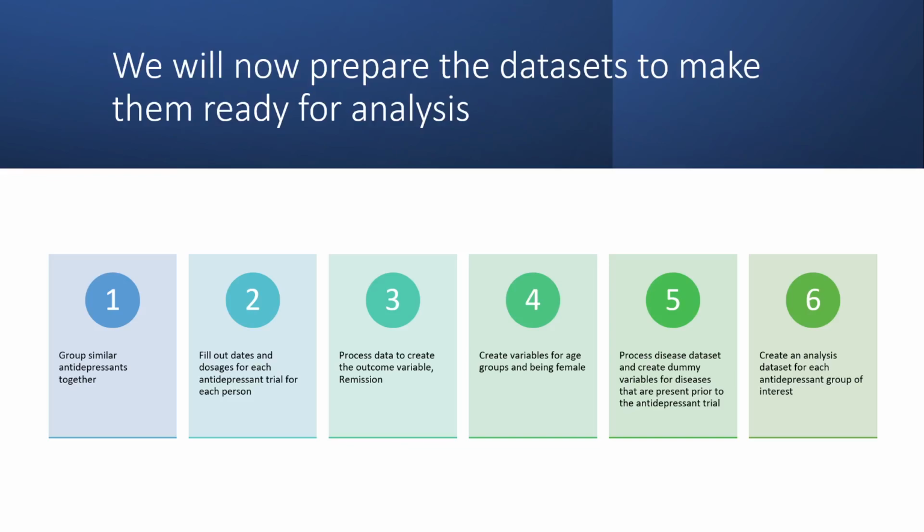We will also create variables for age groups and gender, or being female. We will process the disease dataset and create dummy variables for each of the diseases present prior to the antidepressant trial. And finally, we will create an analysis dataset for each antidepressant group that we are interested in studying.